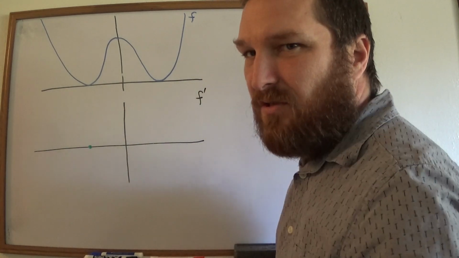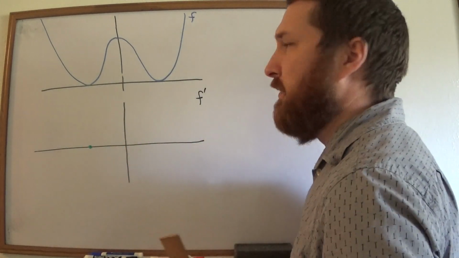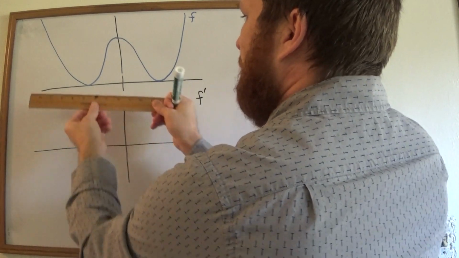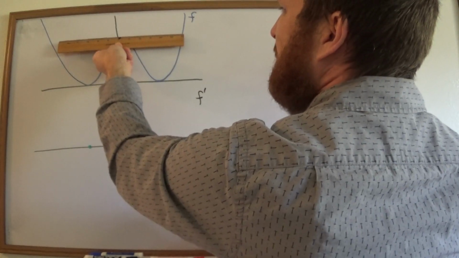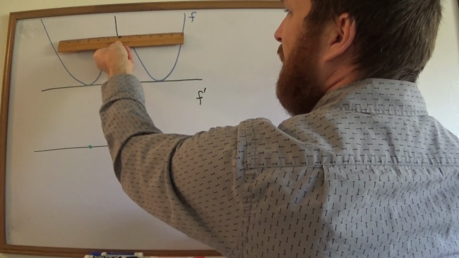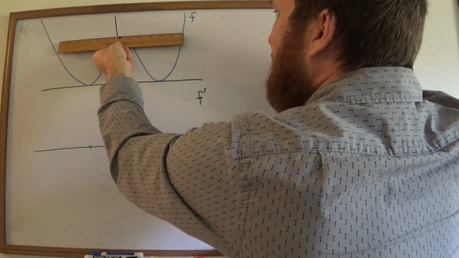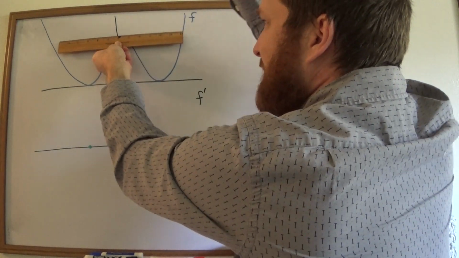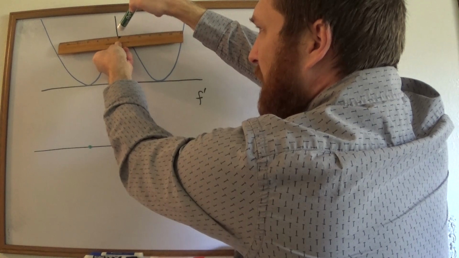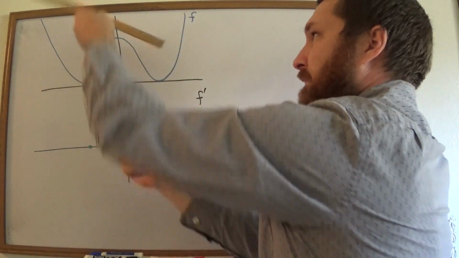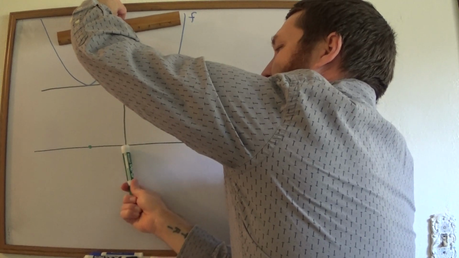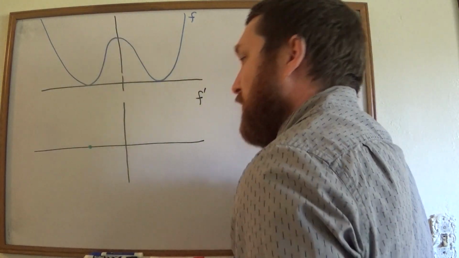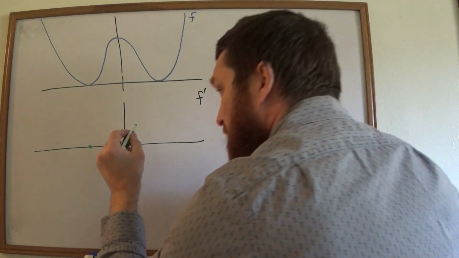This is where I like to start. I'm going to find all of my zeros first. In other words, I'm asking myself, where does the slope equal 0? Well, not there, not there. Up, the slope is equal to 0 right there. So since the slope of f is 0 here at x equals 0, then f prime equals 0 here, which means the graph goes through here.